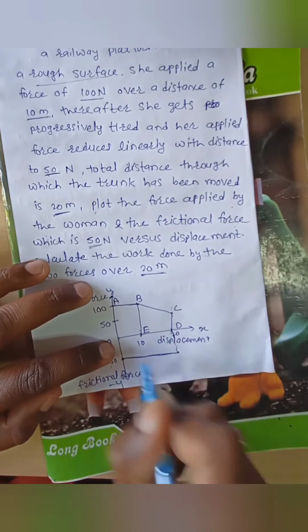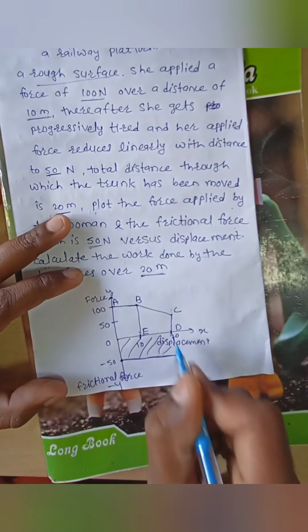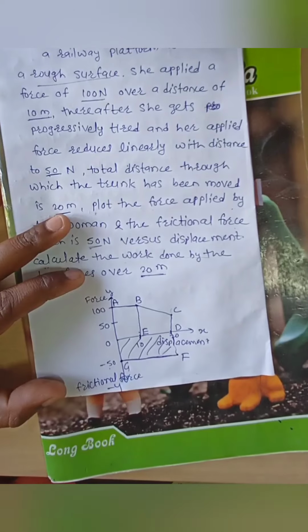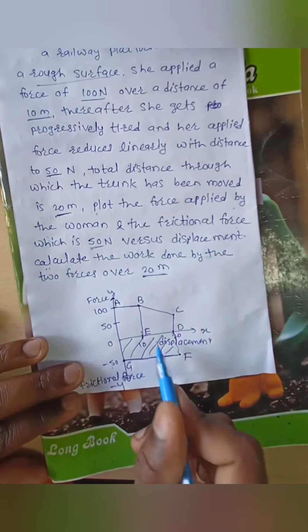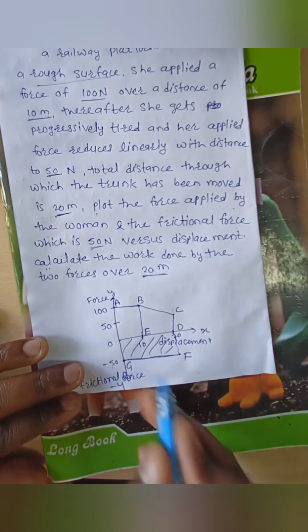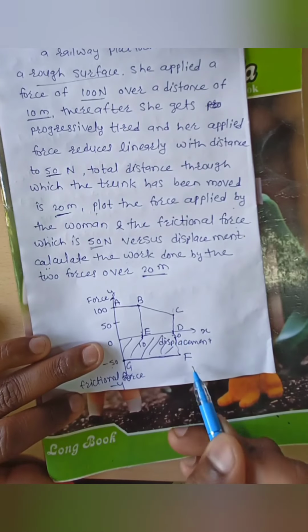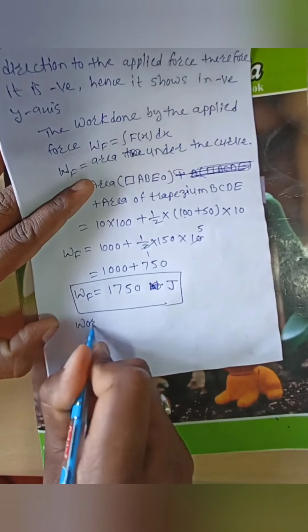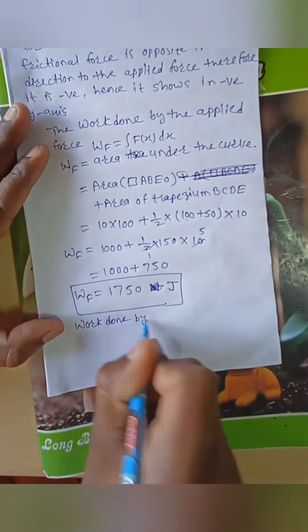The area under this curve is the work done by the frictional force. Now this is D, this is E, this is F and this is G. The area under the curve of the frictional force is the area of rectangle ODFG.